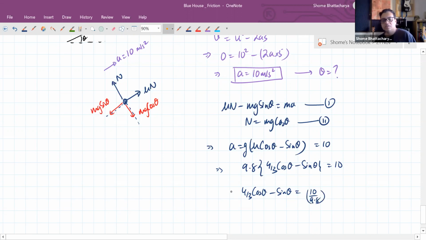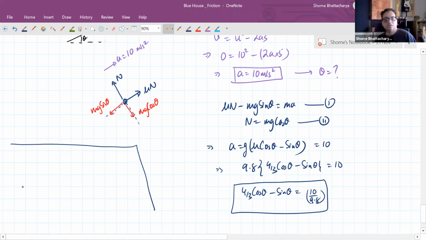I'll just give you a hint on how to solve this type of equation trigonometrically. So whenever we have an equation like this, we have a linear equation in sine and cos. Okay. So A, B, C could be any three constants. So one of them could be negative also, like here.